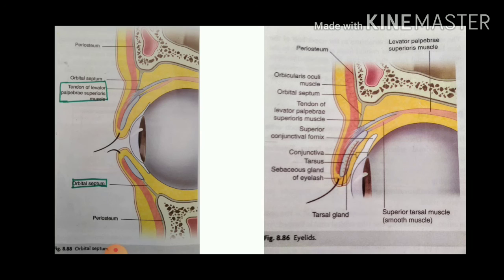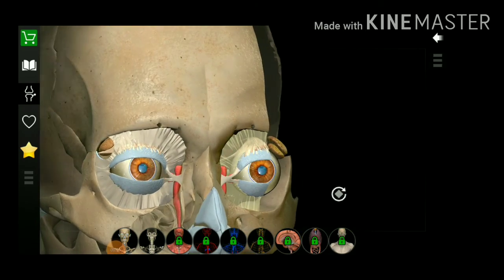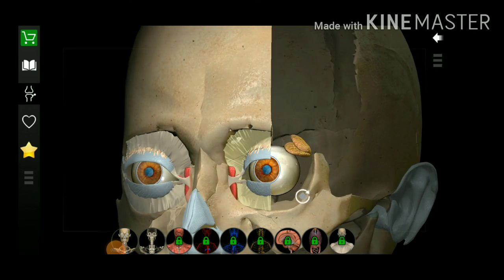Now in order to give a finishing touch to our today's discussion, we will see the eyelids with the help of a three-dimensional diagram. Now this is a three-dimensional model of the upper and the lower eyelid.